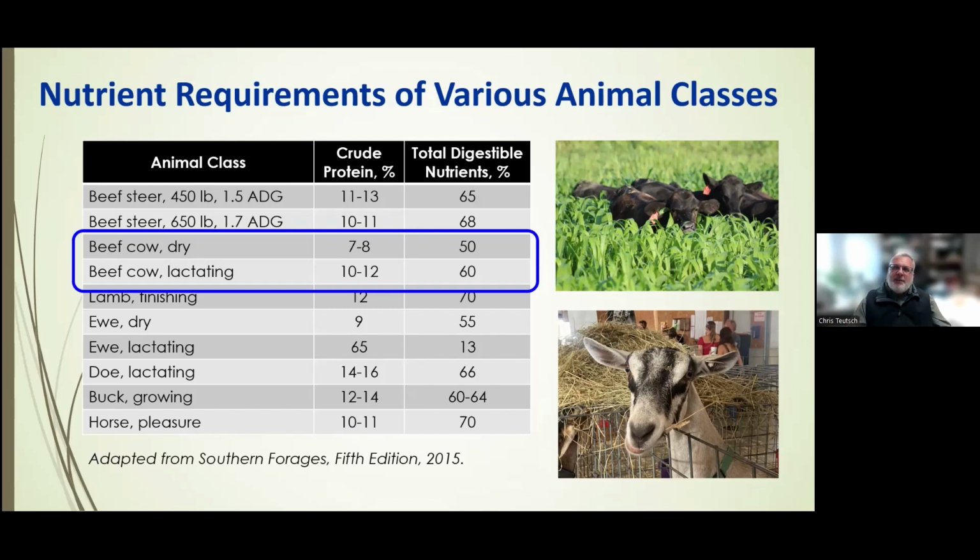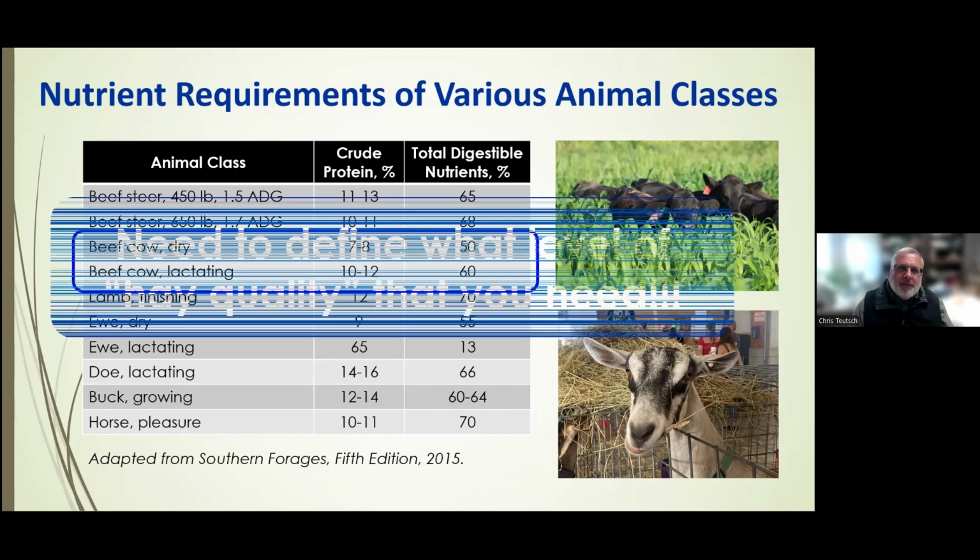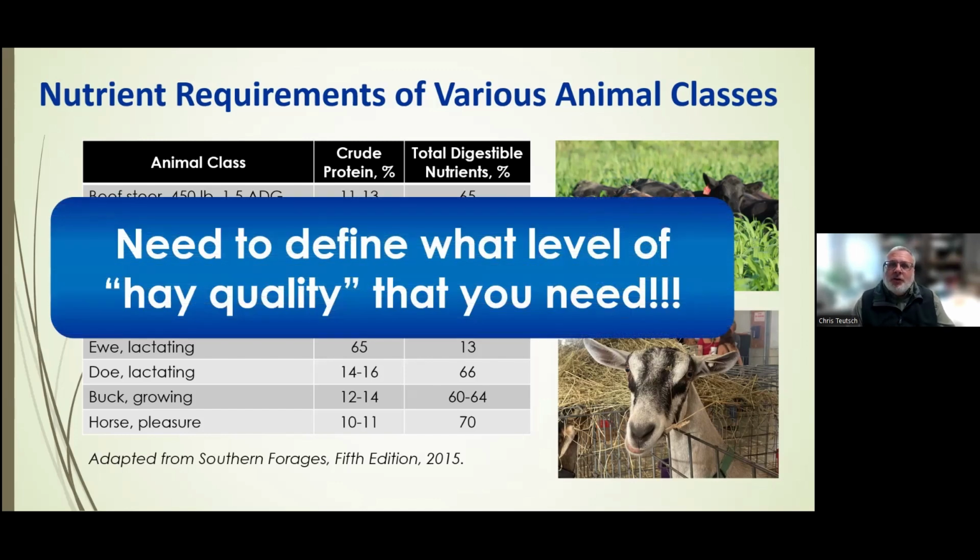When she's dry, her TDN requirement is going to be as low as 50% versus 60% when she's actively lactating. So understanding what animal class you're working with and what stage of the production cycle that animal is in is really important in determining whether that hay quality will meet the nutritional requirements of that animal. So it's really important to define what level of hay quality you need on your operation.